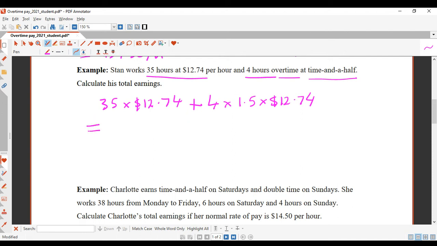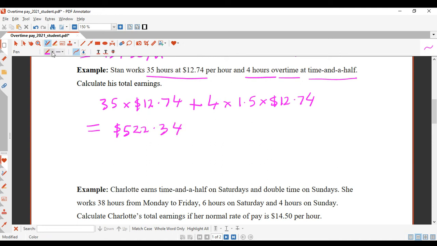If you work that out on the calculator, we've got 35 times 12.74 plus 4 hours at time and a half. All right, 522.34. So that's his total earnings.